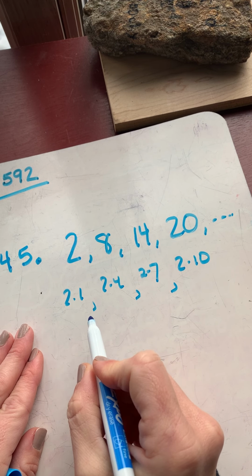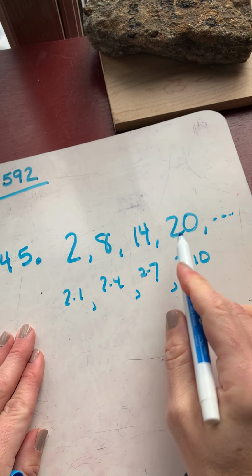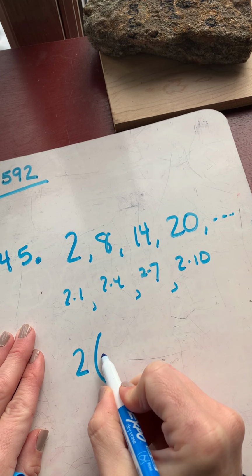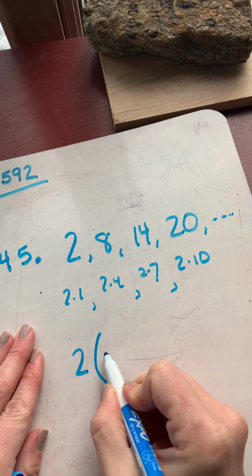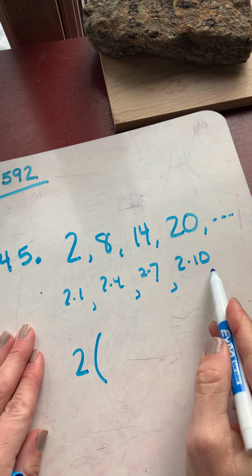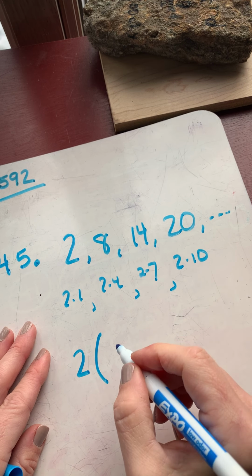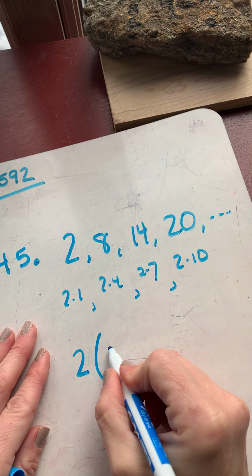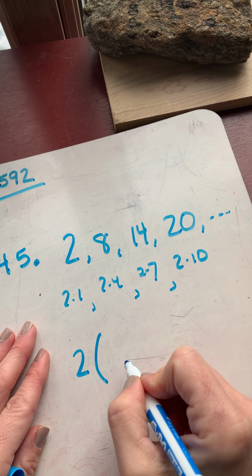So I would actually say that our sequence is made by doing 2 times, how would I write this so that it would work for everything? 2 times, it can't be n plus 3, right?